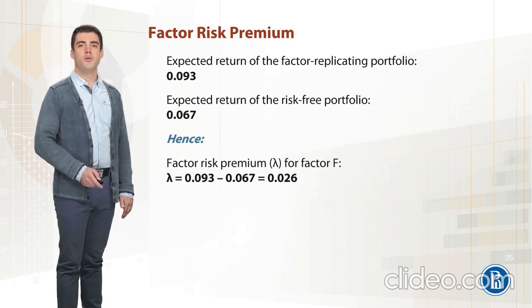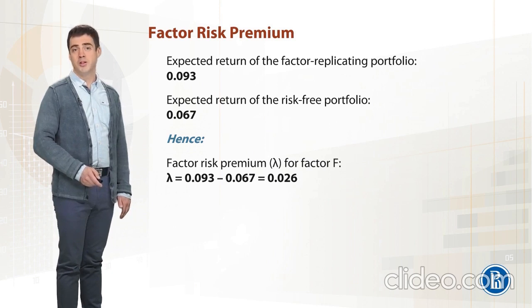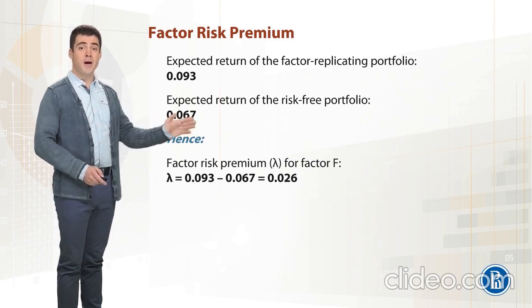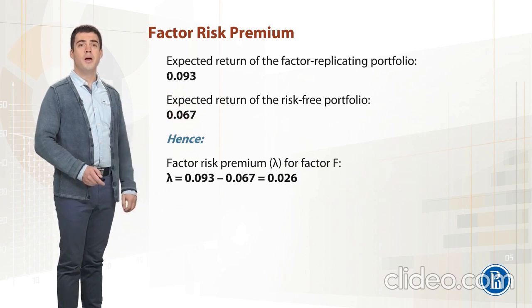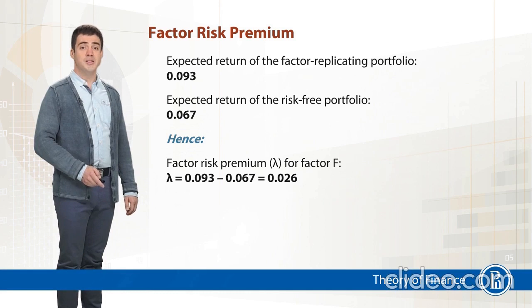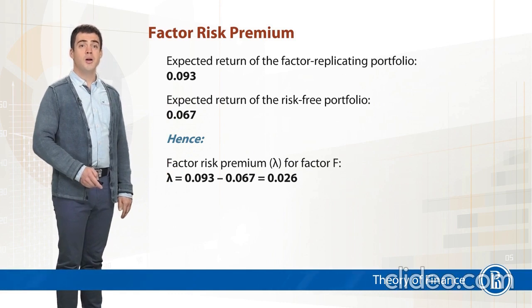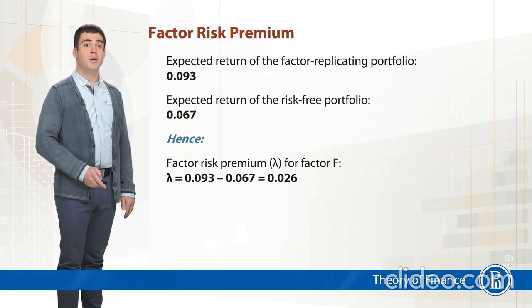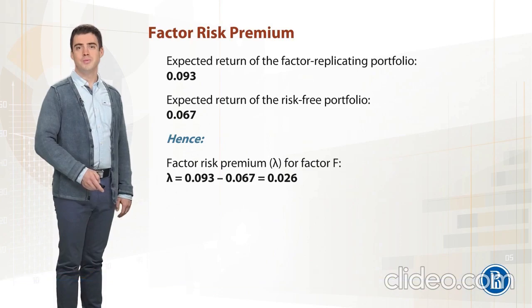From the economic point of view, the factor risk premium will equal the reward for the additional risk taken by an investor who prefers to invest in the factor replicating portfolio, other than investing the money into the risk-free assets. Let's remember this while we proceed to the more general case of the multi-factor models.